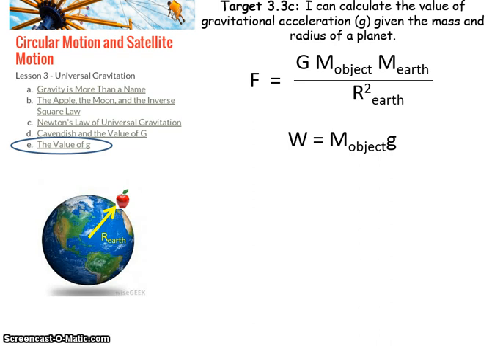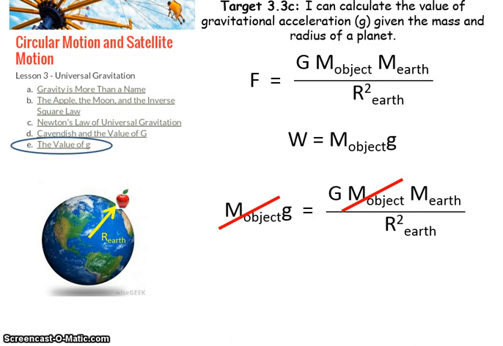And for the mass, we're talking about the mass of the object, maybe an apple, for example. The weight that you calculate with mass times gravity is actually the same force that you would calculate with the law of universal gravitation, which is given above. So I can set these two formulas equal to each other, and then use that expression to solve for little g. And so that's what I'm going to do.